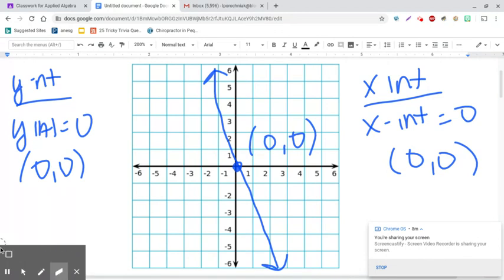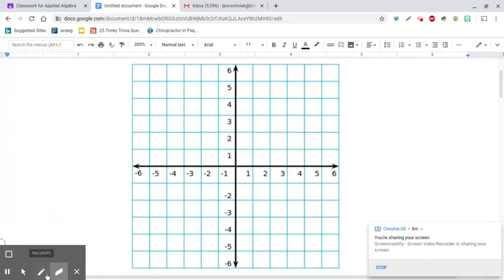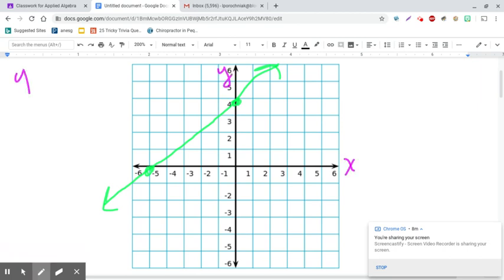All right, let's do one more. Okay, I'm just jamming, sorry. Right there, and right there. All right, guys. We have our x over here, we have our y up here. Let's find the y-intercept. Where is it crossing the y-axis? Let's go. Crosses at 4.